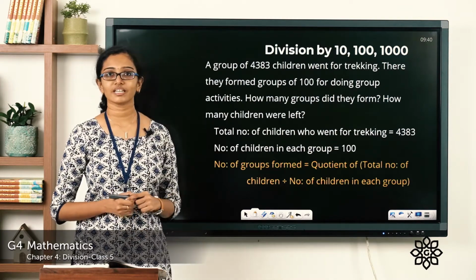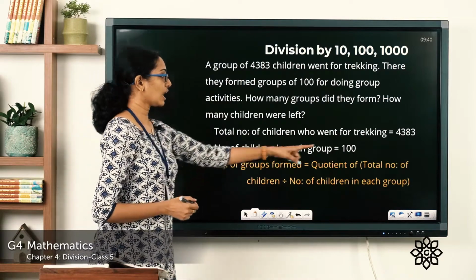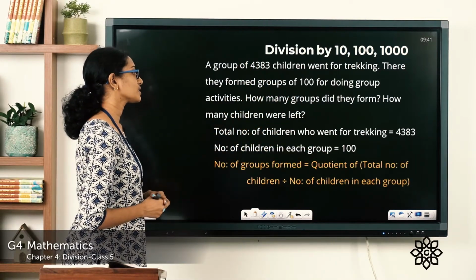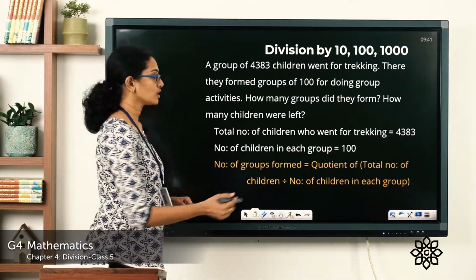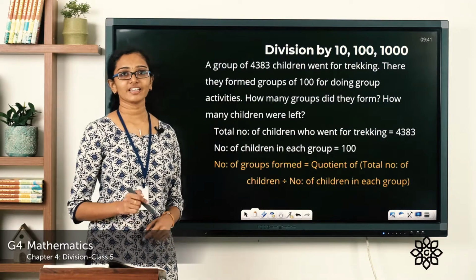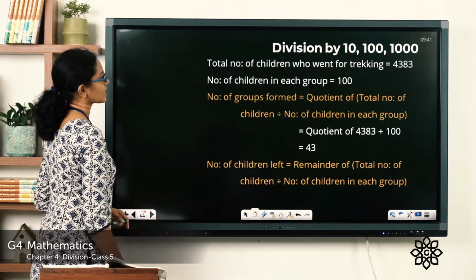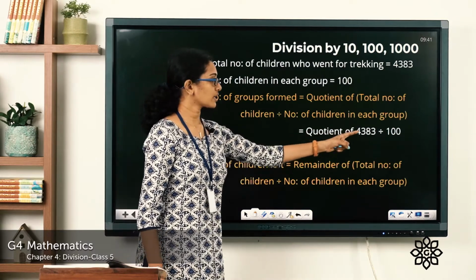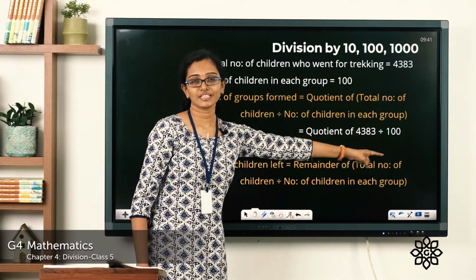The number of children in each group is equal to 100 from the question. And the number of groups formed is equal to the quotient of the total number of children divided by the number of children in each group. So let's substitute the numbers here. That would be equal to the quotient of 4,383 divided by 100.